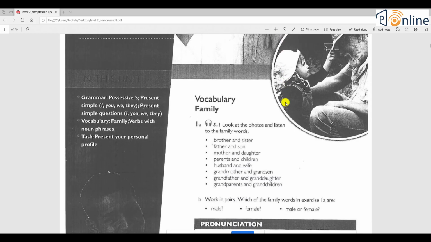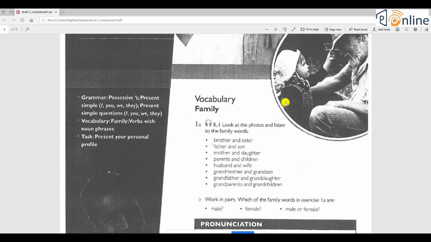As a task, after we talk about the possessive s, and after we learn the present simple, so we learn to speak about the facts at the moment of now, we will be able to present our personal profile. A personal profile means you'll be able to tell your age, your name, where you are from, and you can also do other tasks following my guidance.